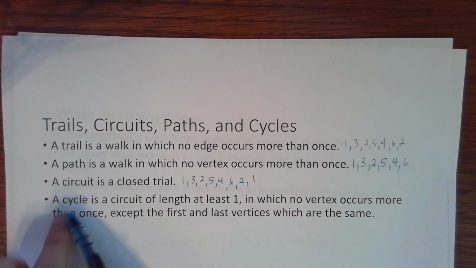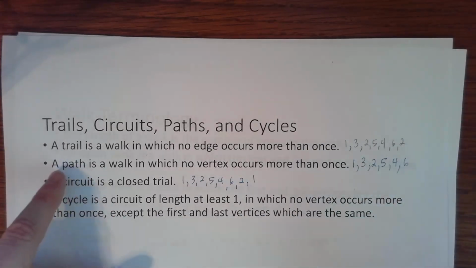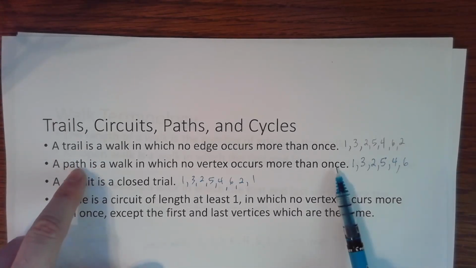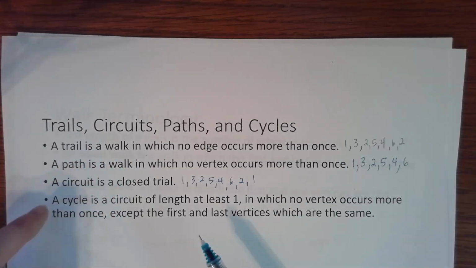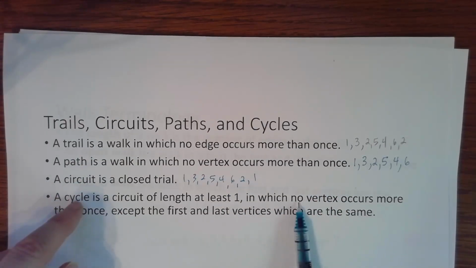So you can kind of think of it as a closed path where the only repeat we allow is the first and last vertex. It's not really a path because there's a repeat, but you can kind of think of it in that same family. So we start and stop at the same vertex, and we will have no repeated vertices.